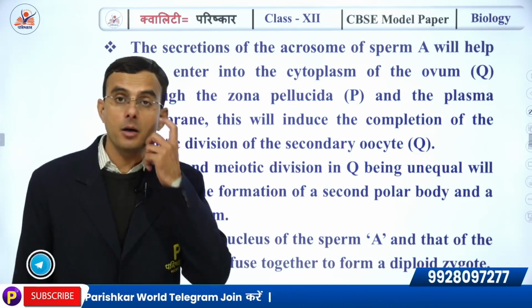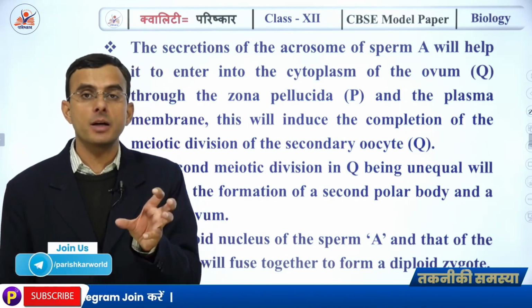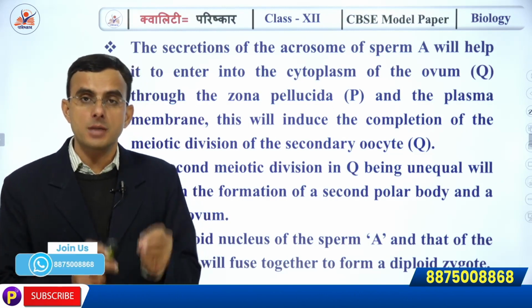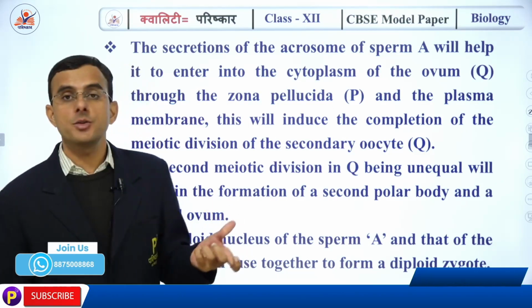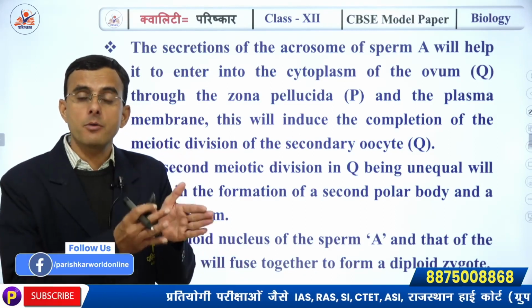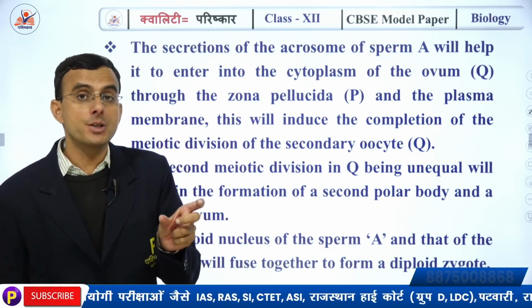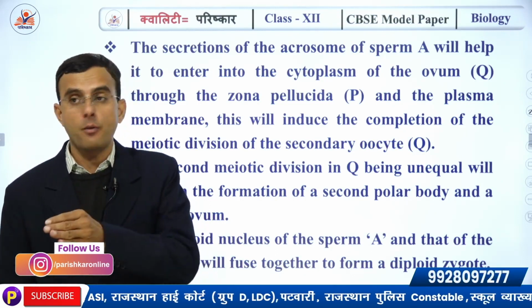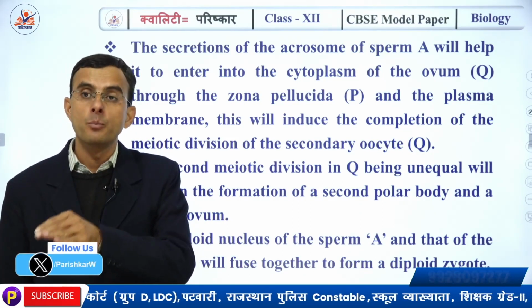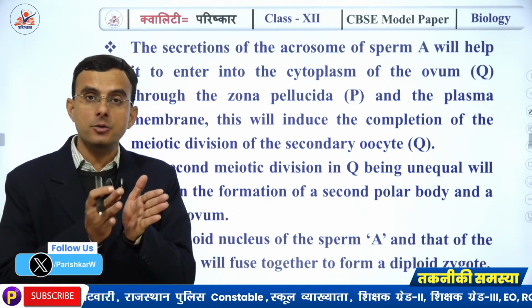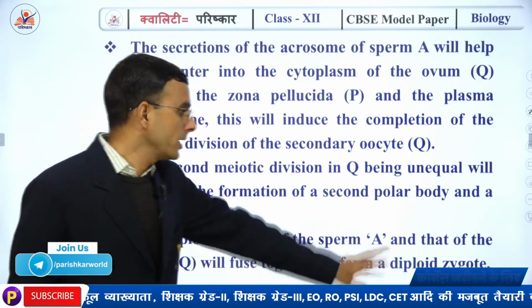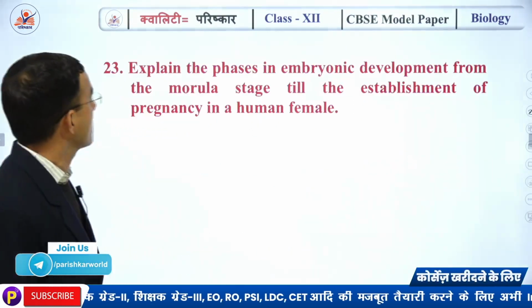That is the basis of fertilization. The haploid genetic material from the sperm enters the ovum in the form of a nucleus and they join together. That is syngamy, and in syngamy they develop into a zygote.